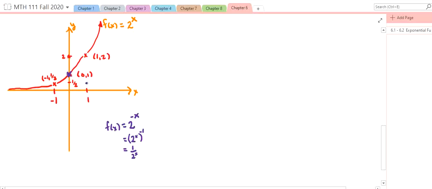So this is here. And as we get bigger and bigger numbers here, 10, 100, 1,000, the denominator is going to get larger and larger, and this is going to exponentially decay down towards the x-axis of 0. It'll never hit 0 because we'll never be able to get small enough to get 0. We'll always be some little fraction away from 0.